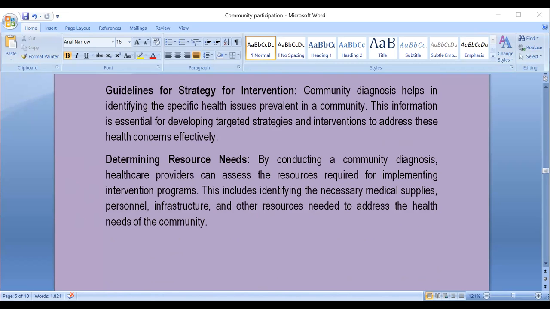So this particular function also can serve as an aim. By the time you say "to determine resources needed," it becomes an aim. But when you remove "to" and say it determines resources needed, it becomes the function, in helping you to determine the resources needed.